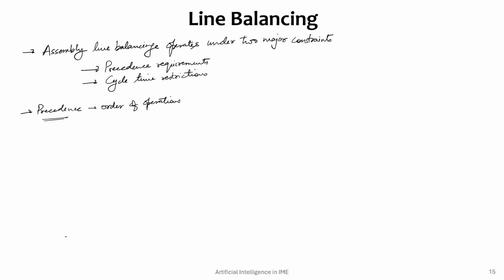right? And we have not yet visualized any precedence constraint till now, but we can create different kinds of diagrams to showcase these precedence constraints. So they can be represented by a simple precedence diagram, and in these diagrams there are two things: nodes and directed arrows.